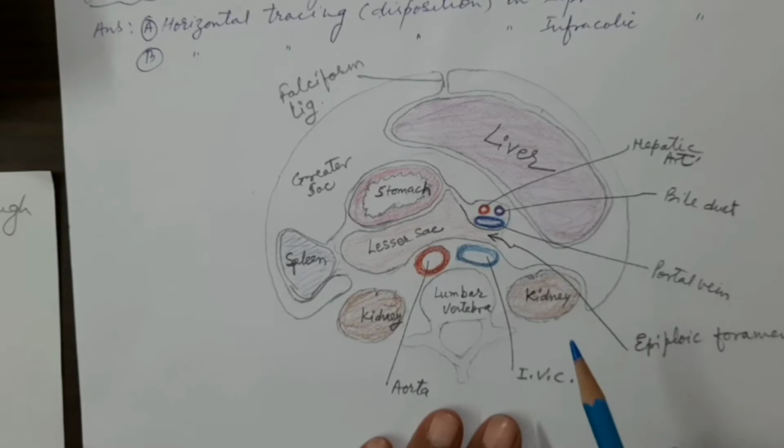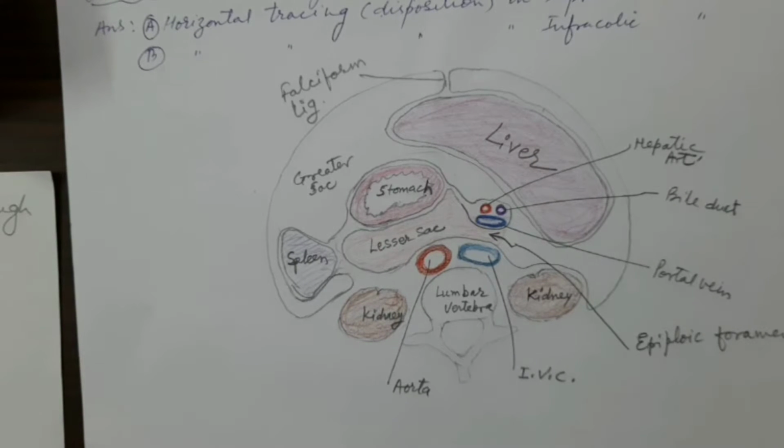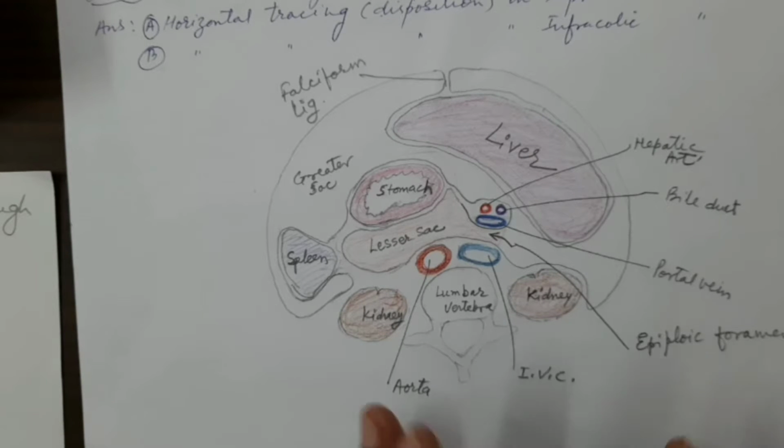We will again trace with the blue color most of the parietal peritoneum, as I said that there is no difference between the parietal and visceral because they are continuous with each other, and this transverse section in the supracolic compartment will give you a better example of how a single tracing can trace all the parts.